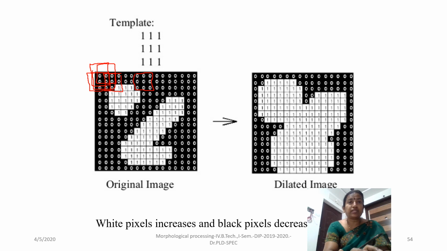In this way we can complete the process for all the boundaries of the given object 1 and second object here. We can observe that with this dilation operation both objects extend their boundaries and overlapping of these particular boundaries appears here.